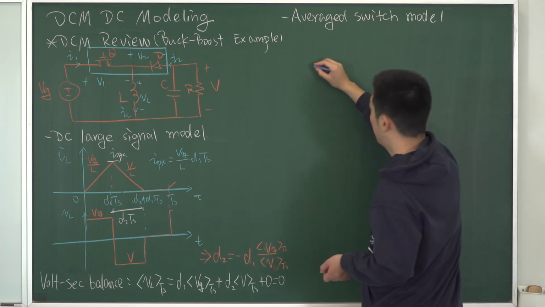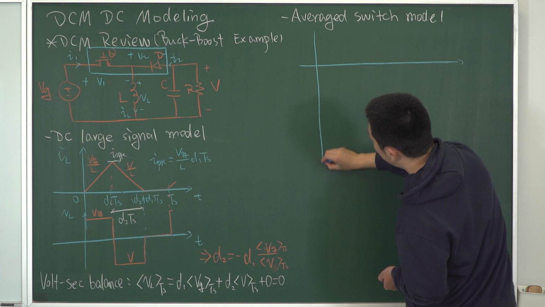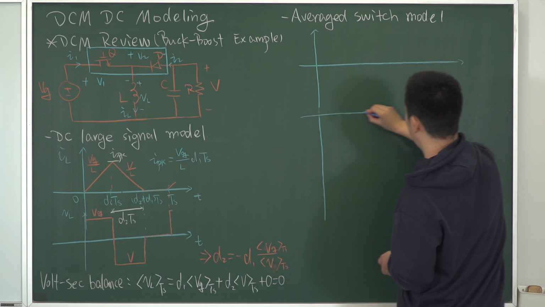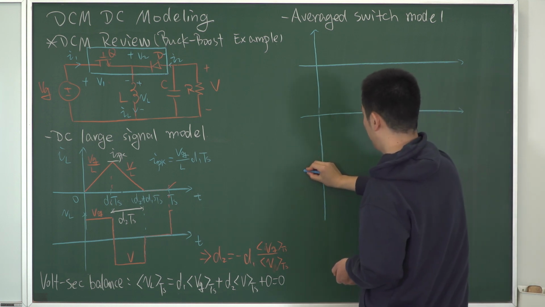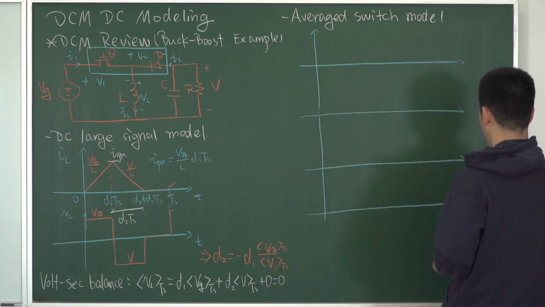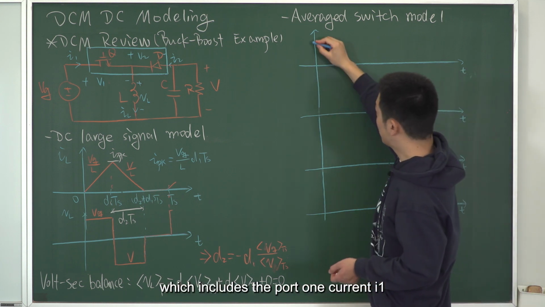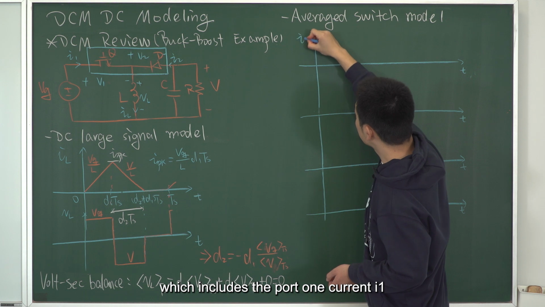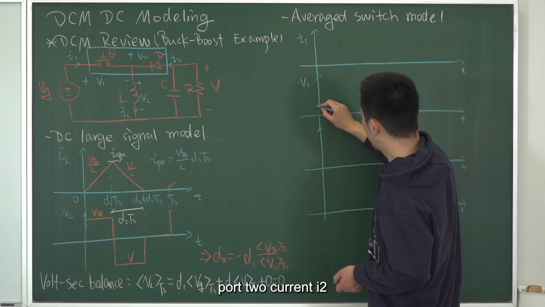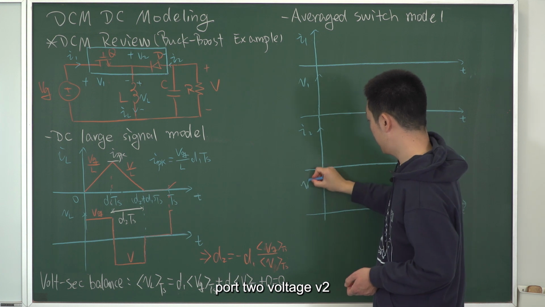Four waveforms in the time domain, which include the port 1 current I1, port 1 voltage V1, port 2 current I2, and port 2 voltage V2.